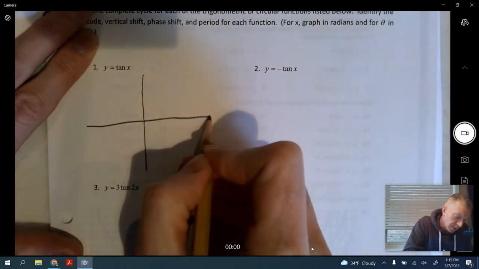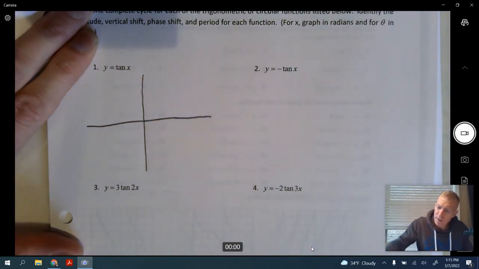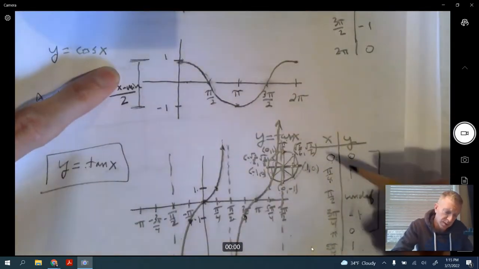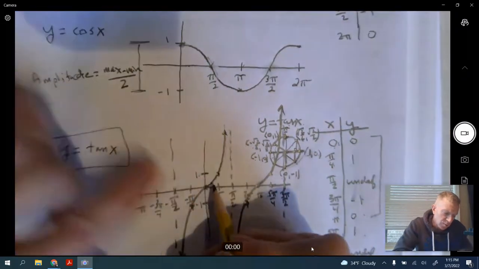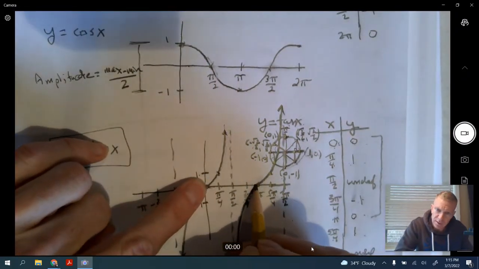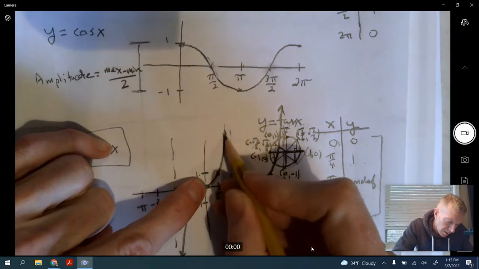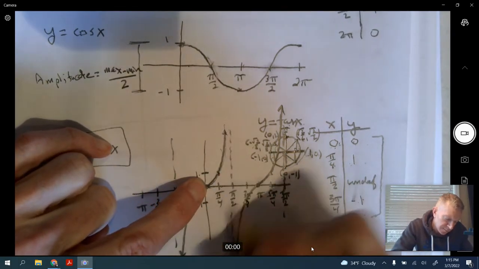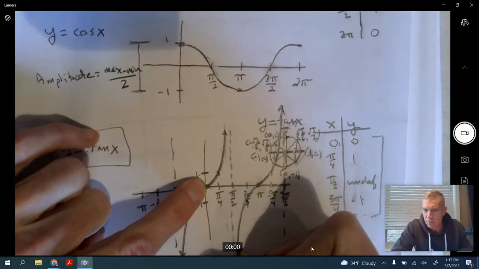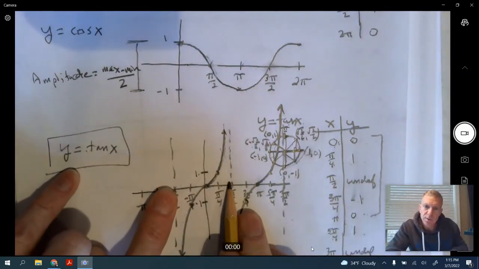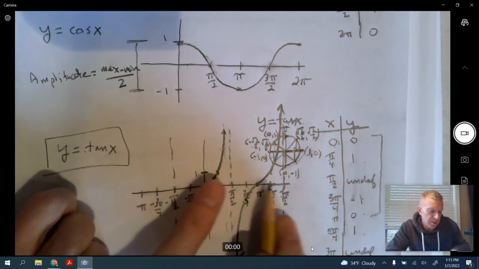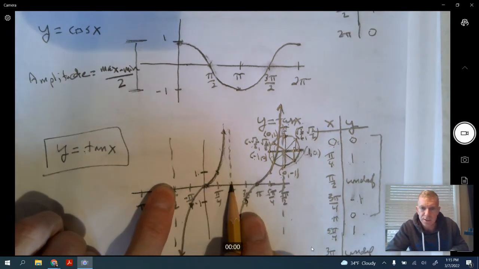Now we could graph this function between 0 and pi, but if you did that, you'd be going from here to here. You'd be graphing this part of this one and then the asymptote in this part of this one. There's nothing wrong with that. That's a full cycle. But you can pick a section from asymptote to asymptote also. You could pick this section or this section. We usually pick this section just because it's easiest, okay?